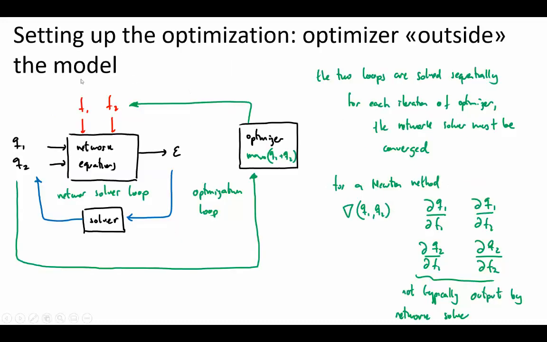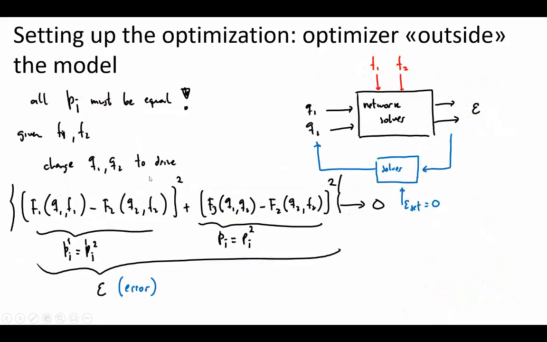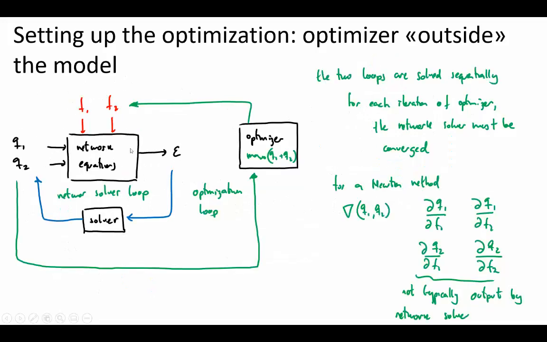You see, in this problem I made first the network solver that I had here, and then I had the optimizer, and then I said for each iteration of the optimizer I have to converge this loop. For example, if the optimizer employs a Newton method, then I have to estimate all of these partial derivatives.